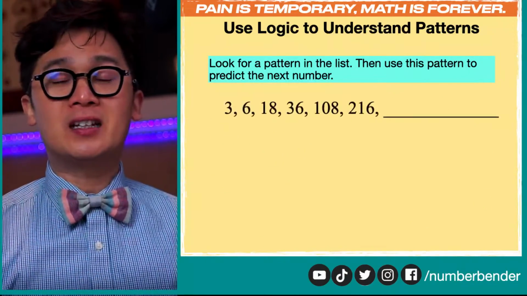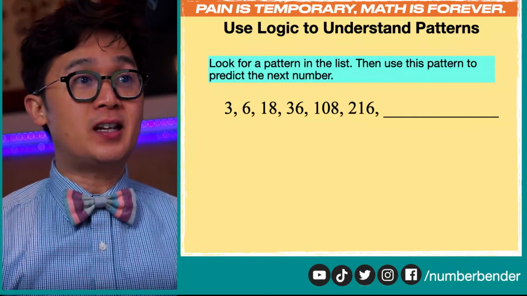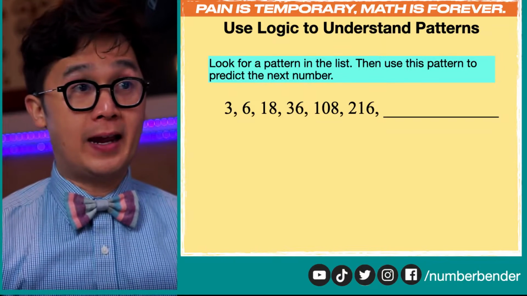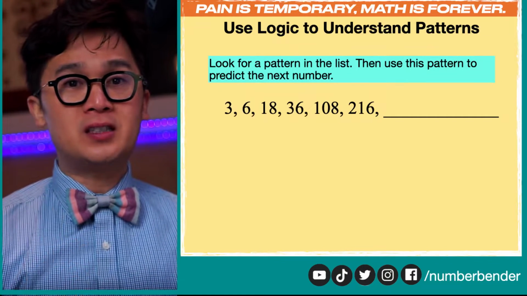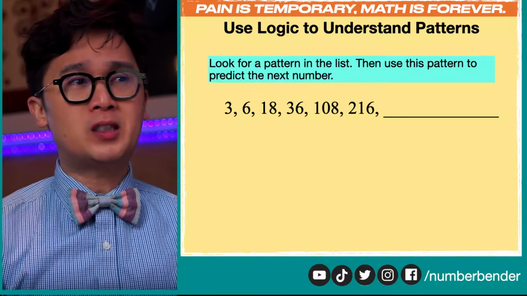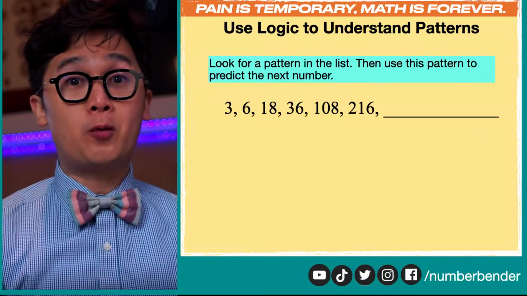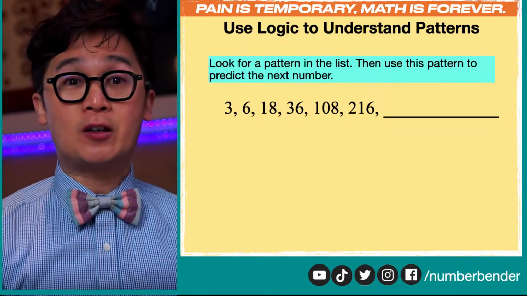Now let's take a look at the second set of examples. So we have 3, 6, 18, 36, 108, and 216. Notice that the numerical values are a little bigger than the previous pattern, which means probably we are going to be using a different type of operation to complete this sequence.